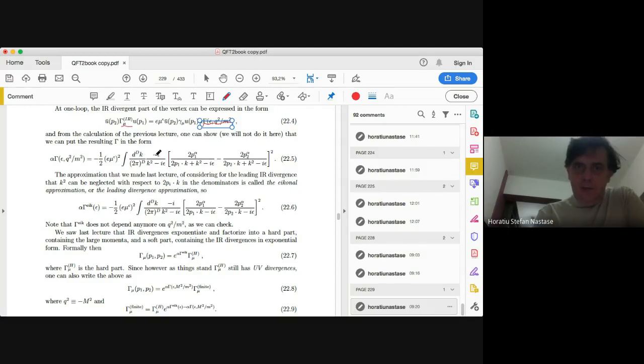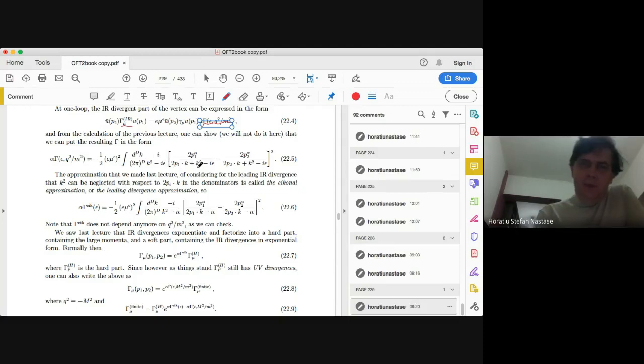So there's 1 over k squared here, and the divergence comes because in the denominator, the thing that dominates is this 2p1 dot k, and in this one, 2p2 dot k. Either way, it's 1 over k, and then it's squared. So 1 over k squared times 1 over k squared, 1 over k to the fourth, integrated over d4k. That gives the log divergence.